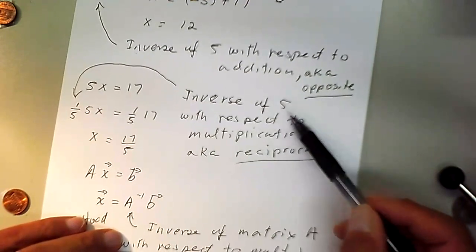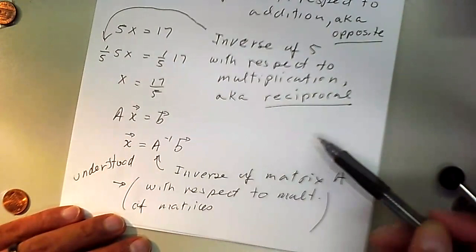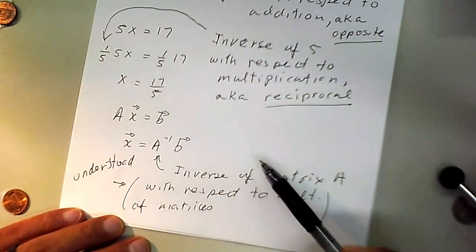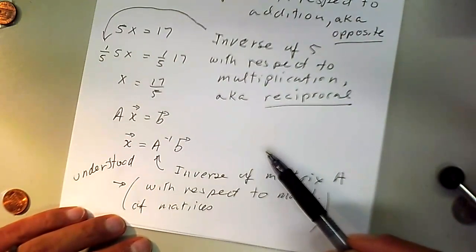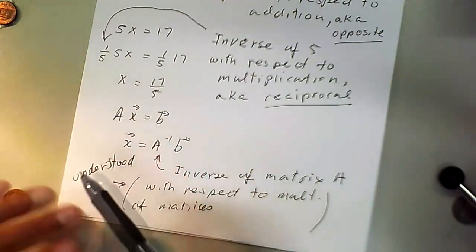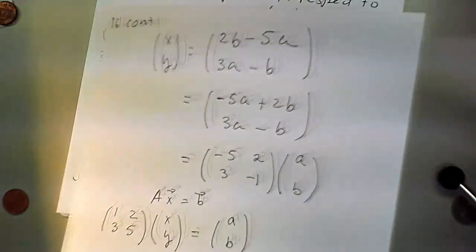With numbers, if we're talking about multiplication, we call it reciprocal. If we have matrices, we just call it inverse and leave it at that. If we want the inverse with respect to the addition, we just call it the opposite matrix. So this is a new matrix, and as you can tell, it is not easy to figure out what the new matrix is.